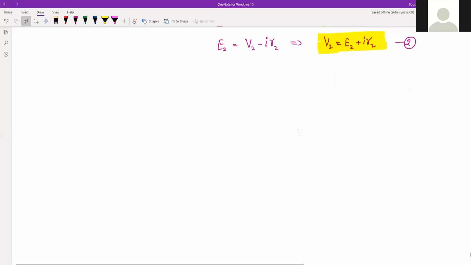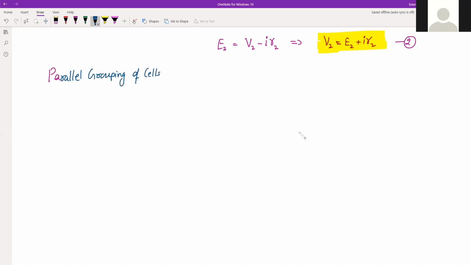next is our parallel grouping of cells. Again, what does it mean?